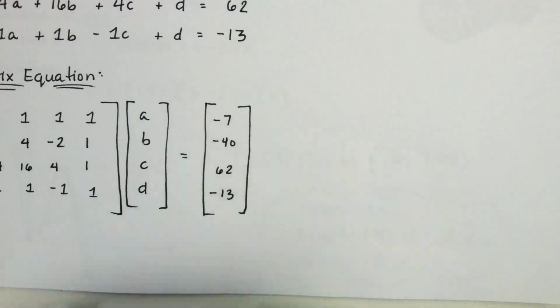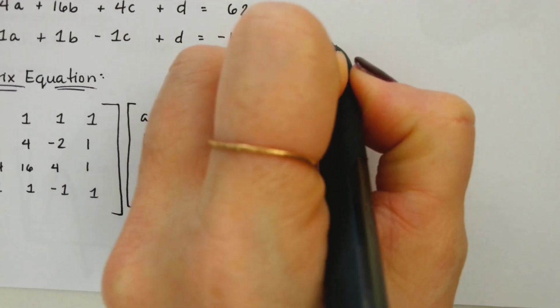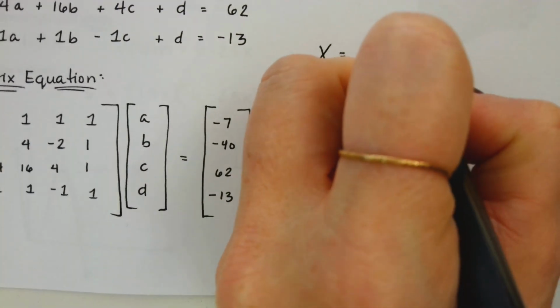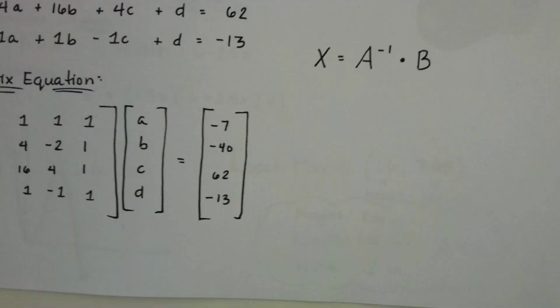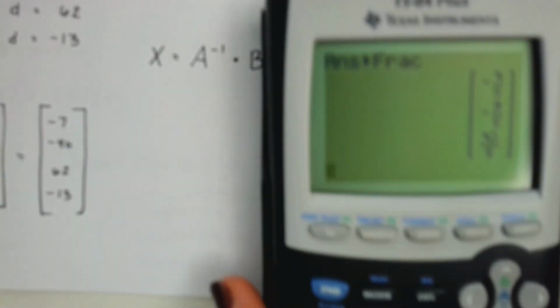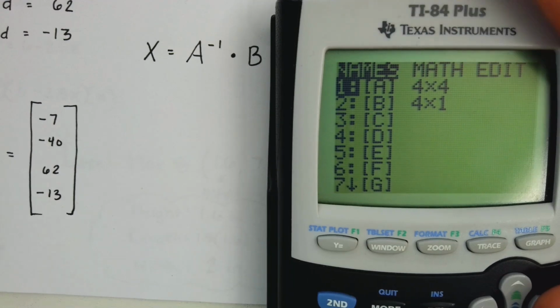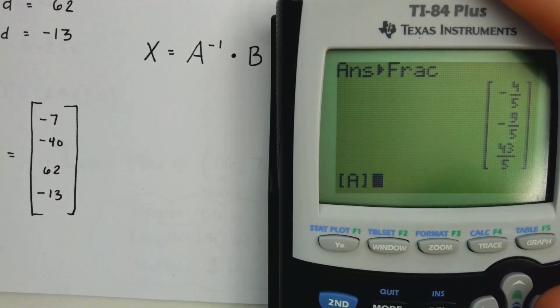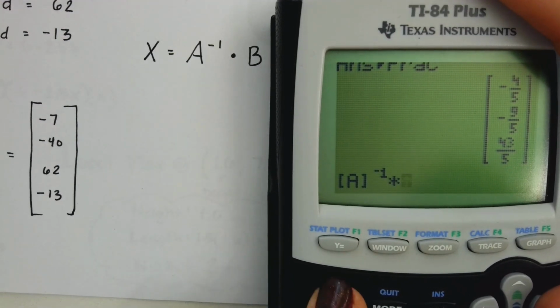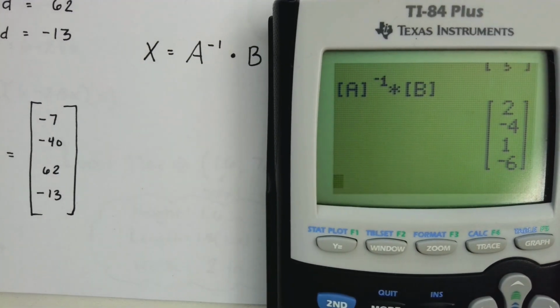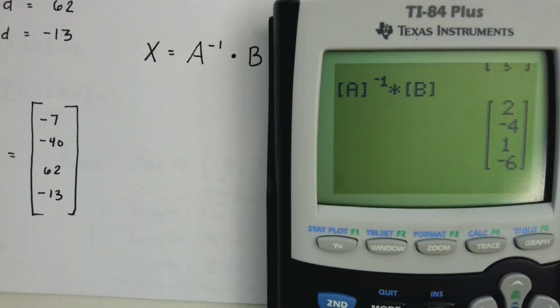Okay. Now remember what we actually have to type to get the answers. Yep. The inverse of matrix A times B. Inverse of A times B. Okay, all whole numbers on this one, so we don't have to worry about turning it back into fractions or anything.